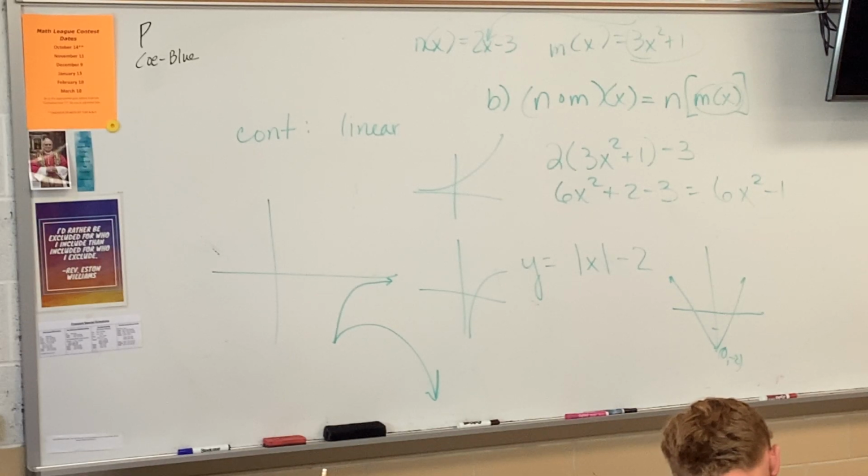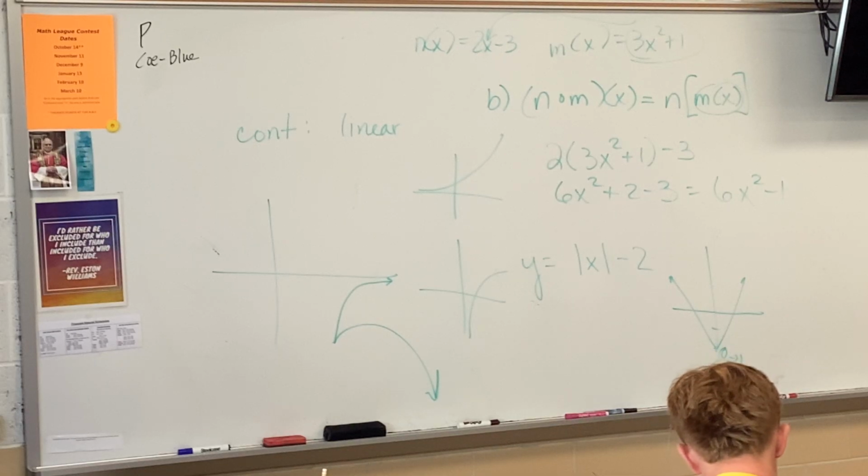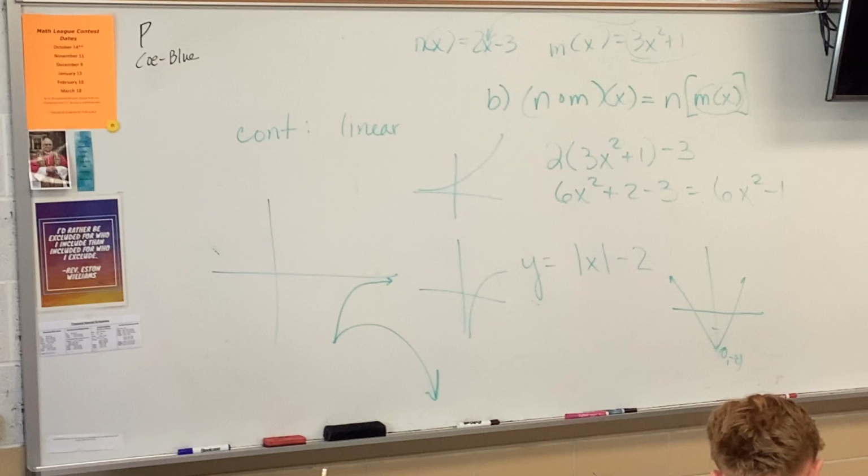So 1 through 10 we need to know, but 4, 11 and 12 you can cross out. The rest of this is fair game.